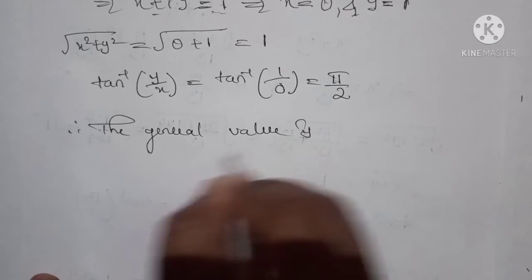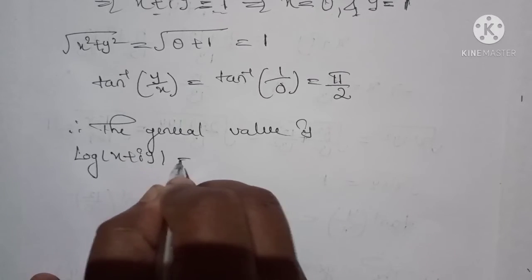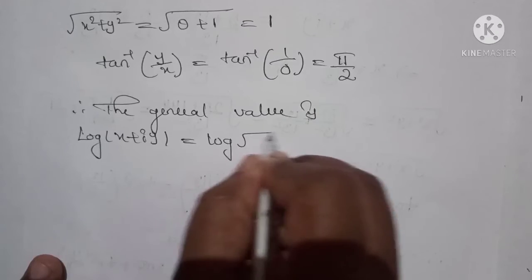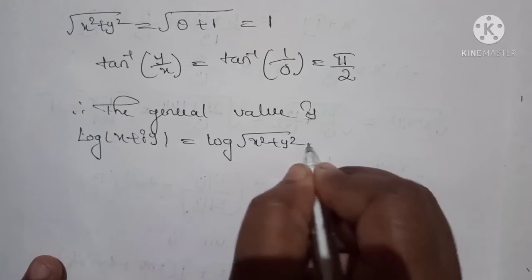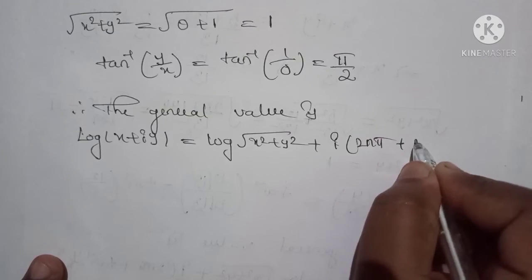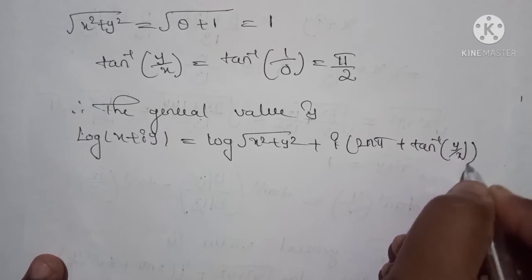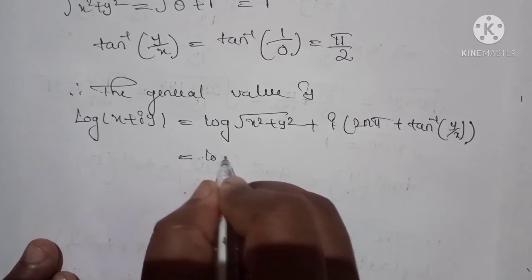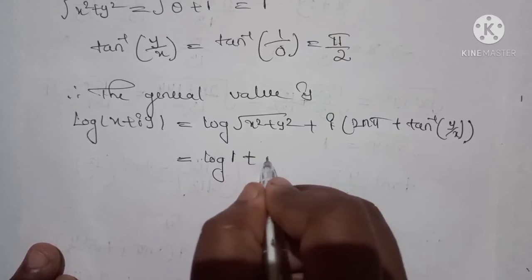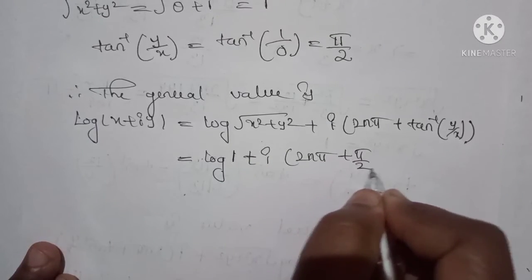is log x plus iy equals log of square root of x square plus y square plus I into 2n pi plus tan inverse of y by x. So thus it is log of square root of x square plus y square, which is 1, plus I into 2n pi plus pi by 2.